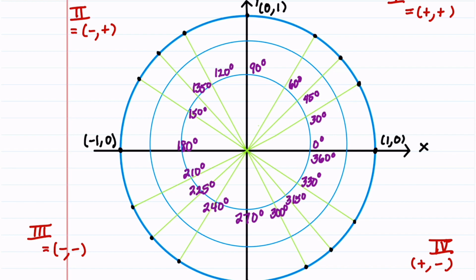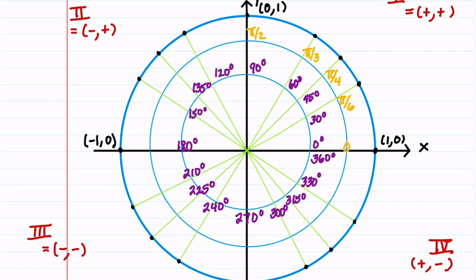Okay, the next values are going to be the degrees in terms of radians. So this is going to be 0, pi over 6, pi over 4, pi over 3, and at the top, we have pi over 2.